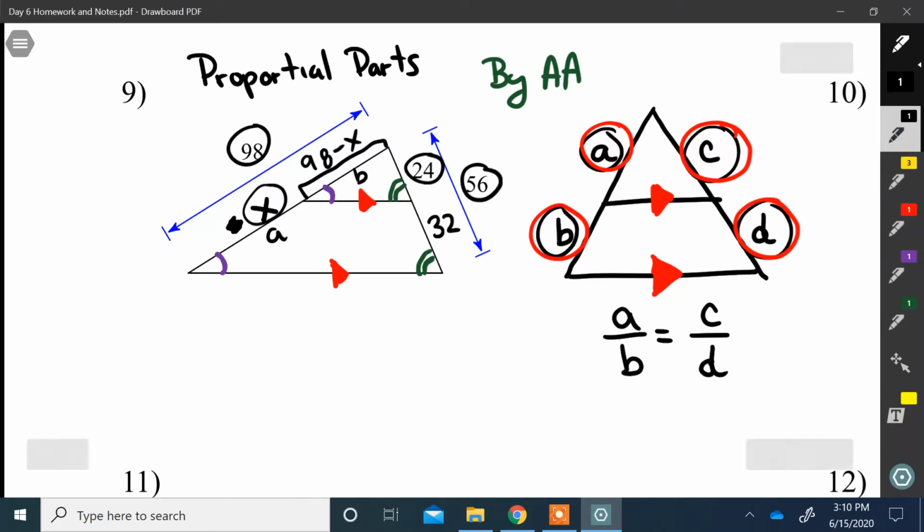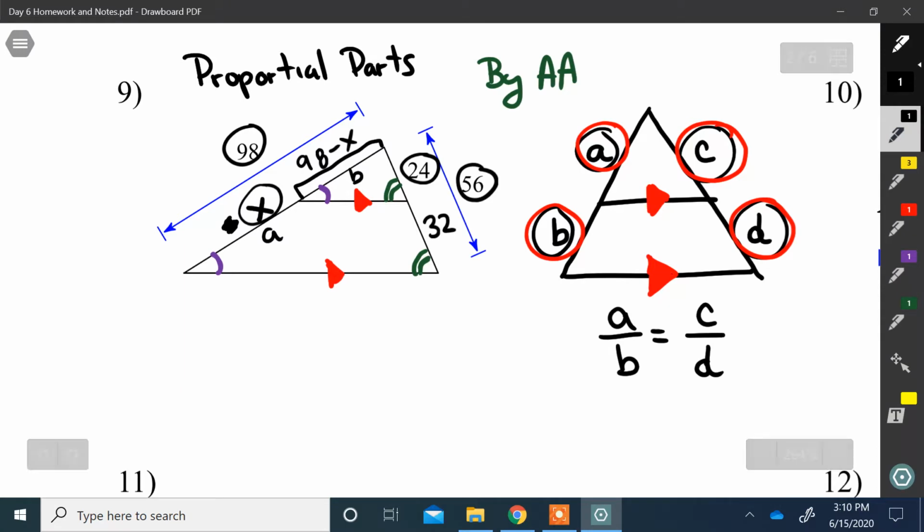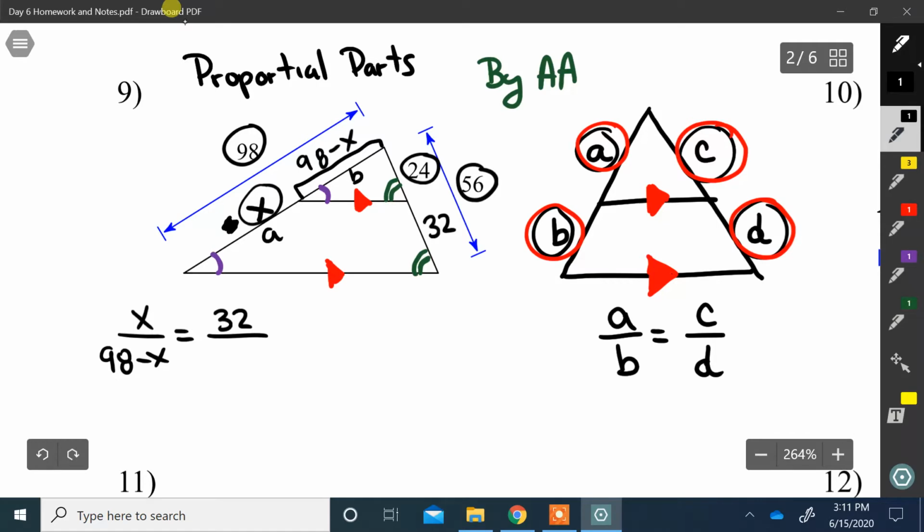Okay, so let's play with this. Now let's do what we have here. We have X over 98 minus X should equal, okay, I started with X, so I have to start with 32 over 24.